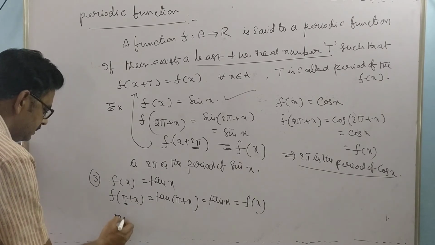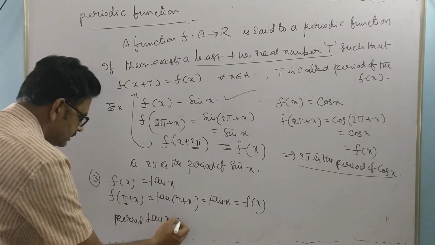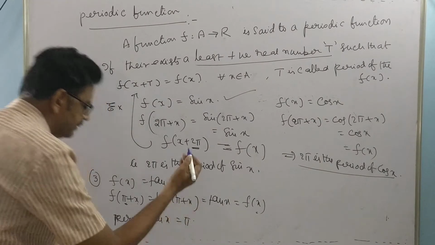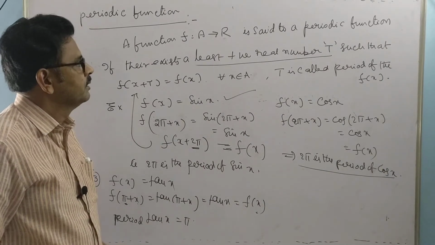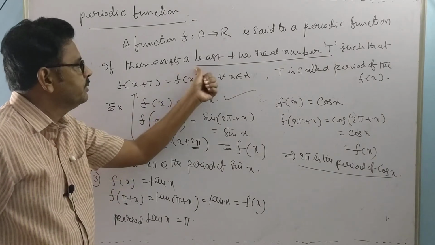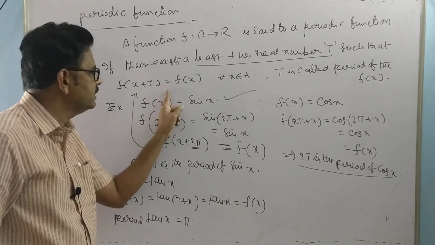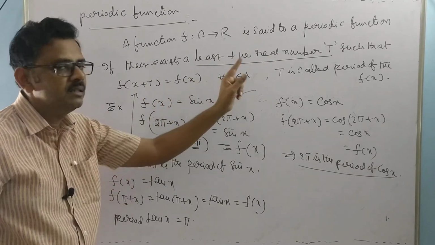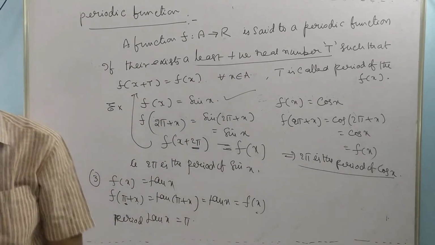If there exists a least positive real number t such that f of x plus t equals f of x, then t is called the period of the function f of x.